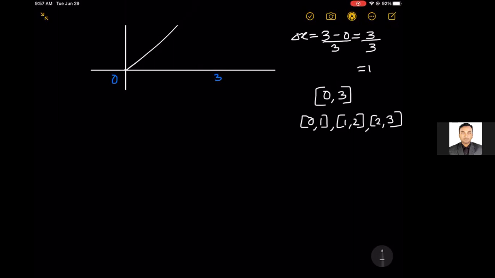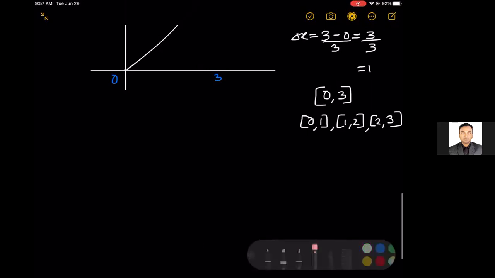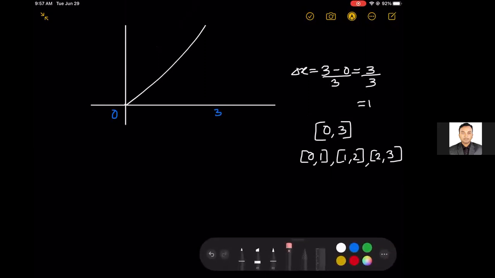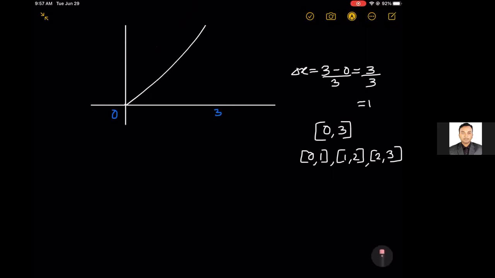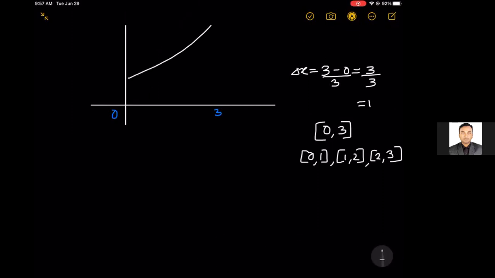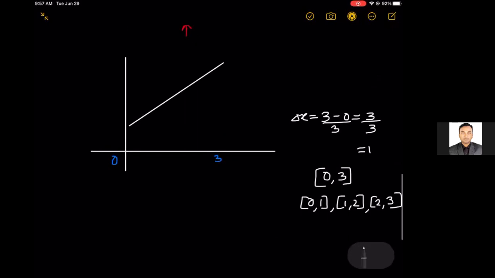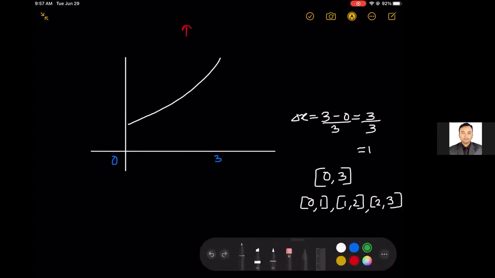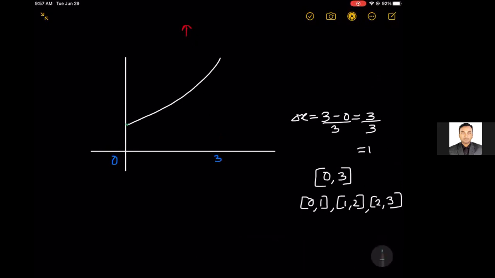Now we'll be starting our calculation. Let me give it a better look. So we'll start from this point, and then let's say this is my 1, this is my 2.